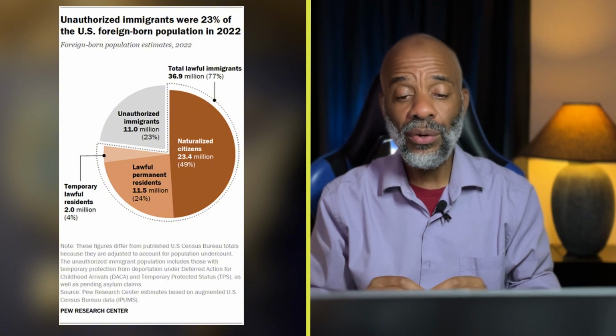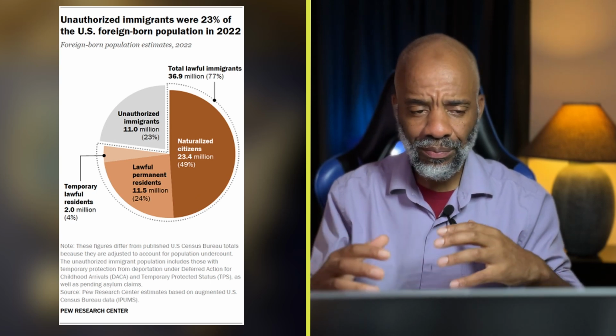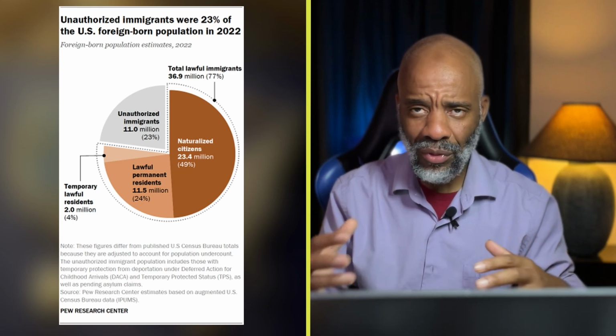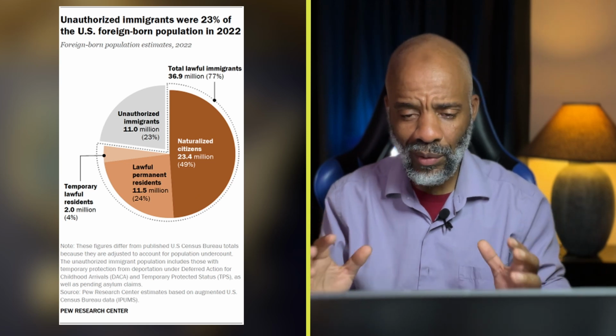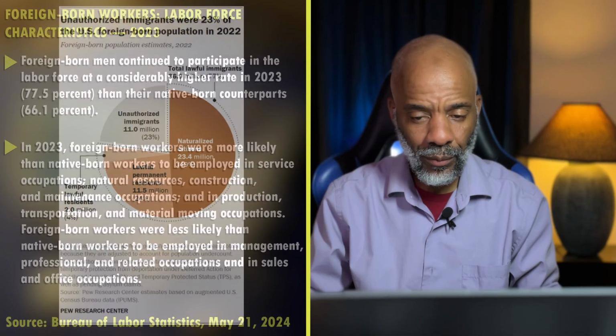So that's the breakdown. People tend to look at immigrants and give them a bad name, or think that they're all illegal and stuff like that. No, the overwhelming majority of immigrants are lawful.